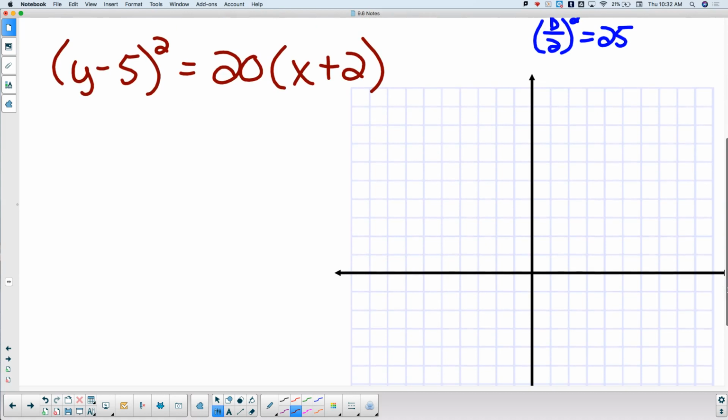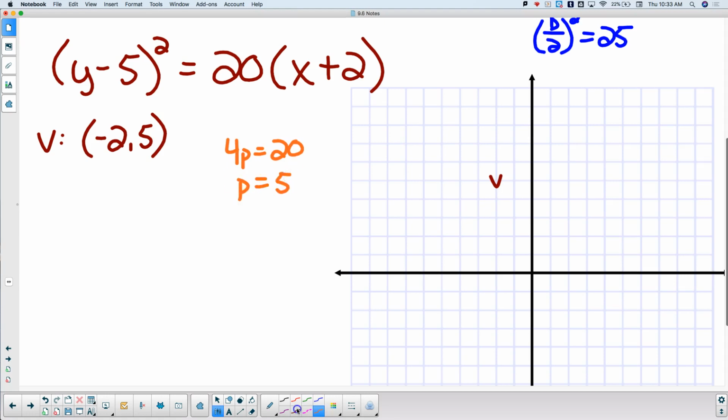Okay? So based off of this parabolic equation, where is my vertex? Negative 2 comma 5? Yep. Two, 4, and 5. So there's my vertex there. Focus. How far away is my focus? 5, because p is 5.